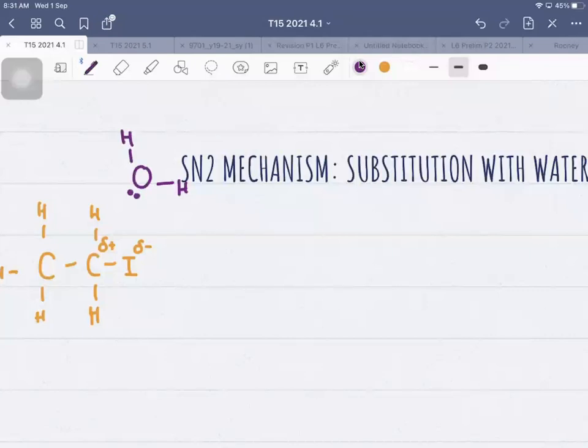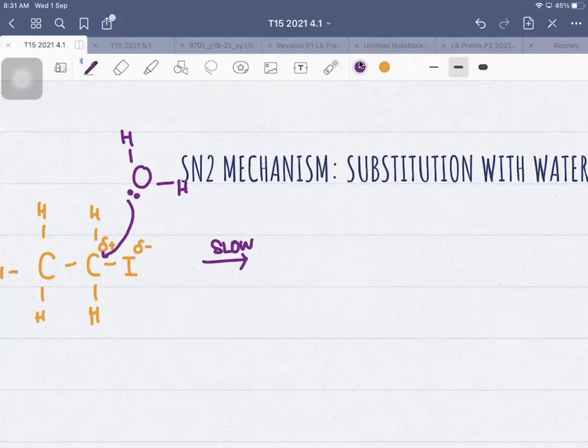So again, this is the slow reaction. What happens is that the lone pair of electrons is attacking the slightly positive carbon. Now it will form a new carbon-oxygen bond, which means carbon would have 5 bonds. And carbon can only form 4 bonds.